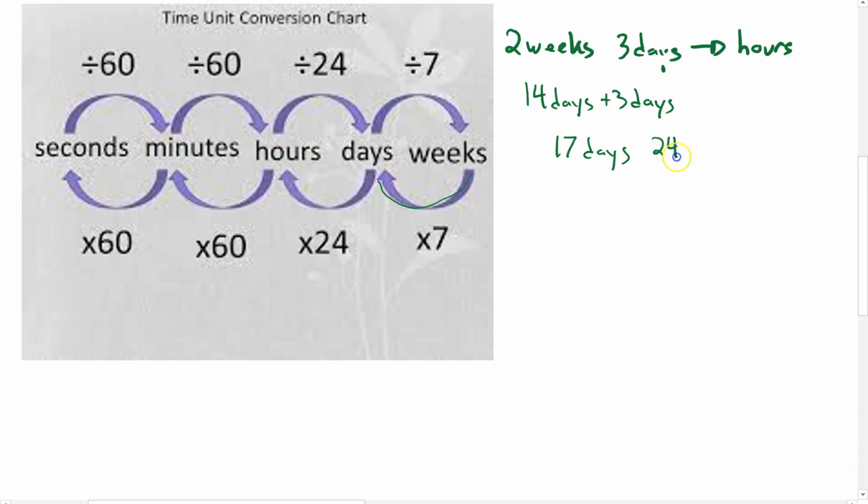So I multiply by 24 hours per day, and I'm going to get 408 hours. You'll notice when I multiply hours per day times days, there's days in the denominator and days in the numerator. Those cancel, and I'm left with hours, which is exactly what I wanted.